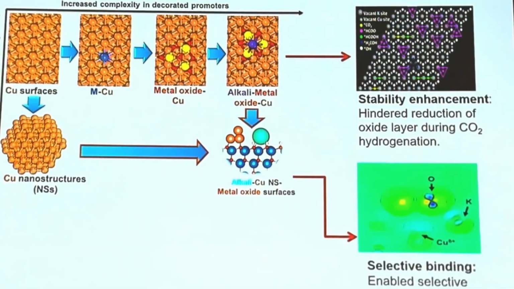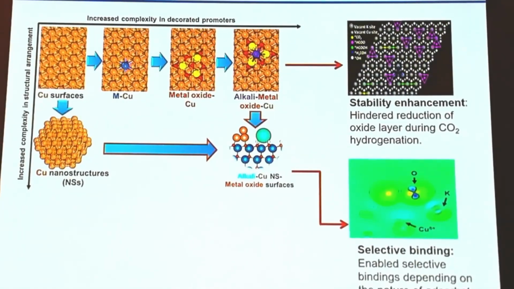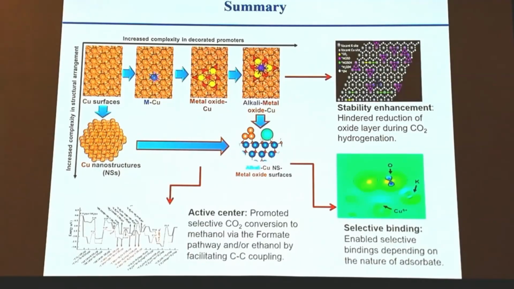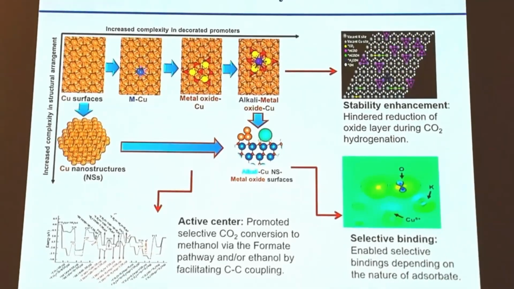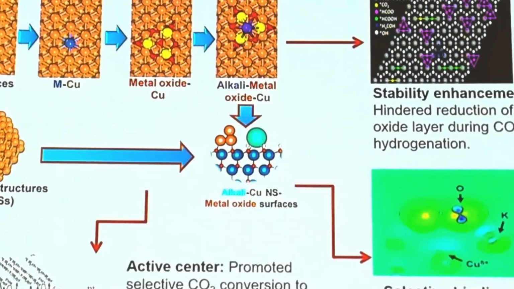In addition, we can also change the selective binding, which you cannot imagine doing with only one type of active site functional catalyst. Eventually we can formulate the catalytic activities and selectivities. In this case, we are able to not only promote the CO2 conversion, but also make a lot of efforts to tune the selectivity, going from CO to methanol, and eventually working towards ethanol.